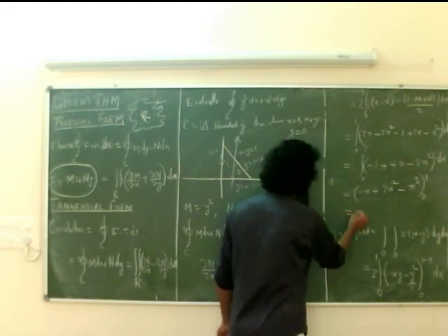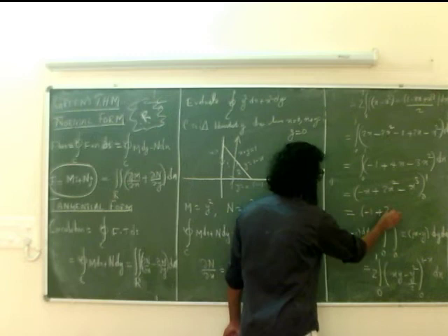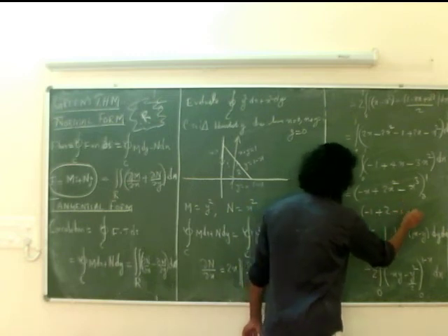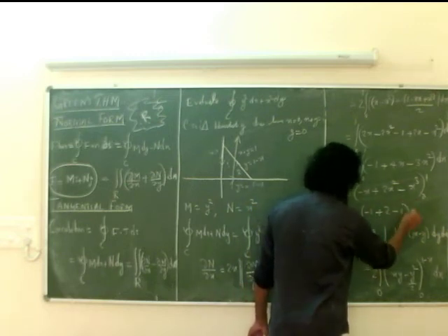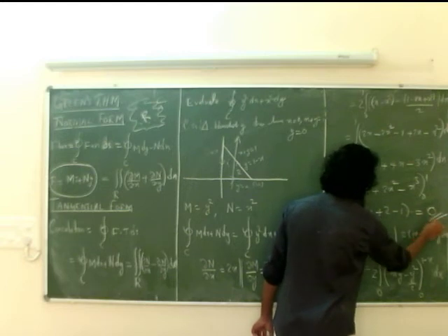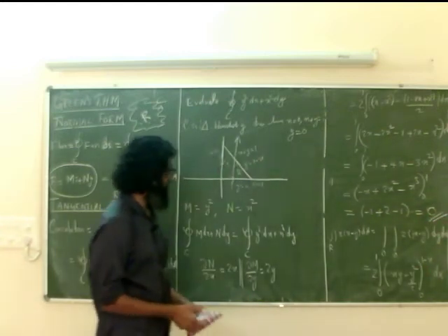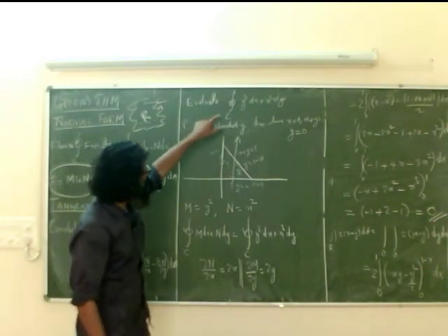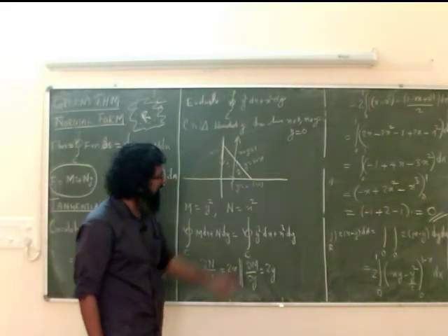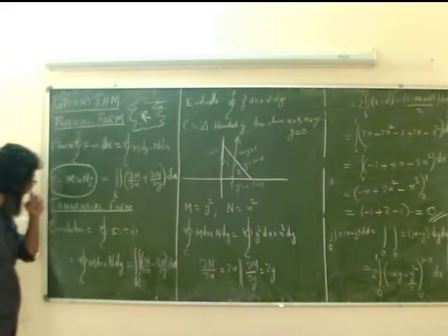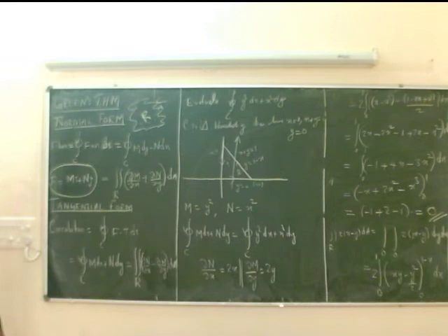So this is minus 1 plus 2 minus 1. At the lower limit everything is 0. So this is equal to 0. I am using the tangential form of my Green's theorem. I can make use of my normal form also.